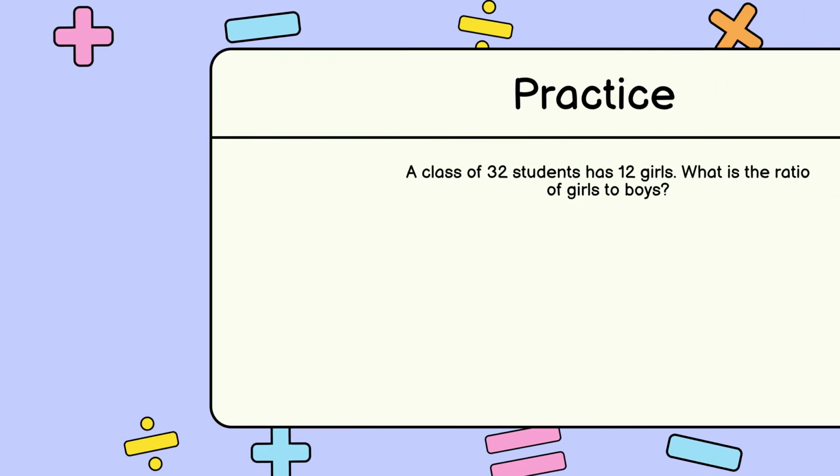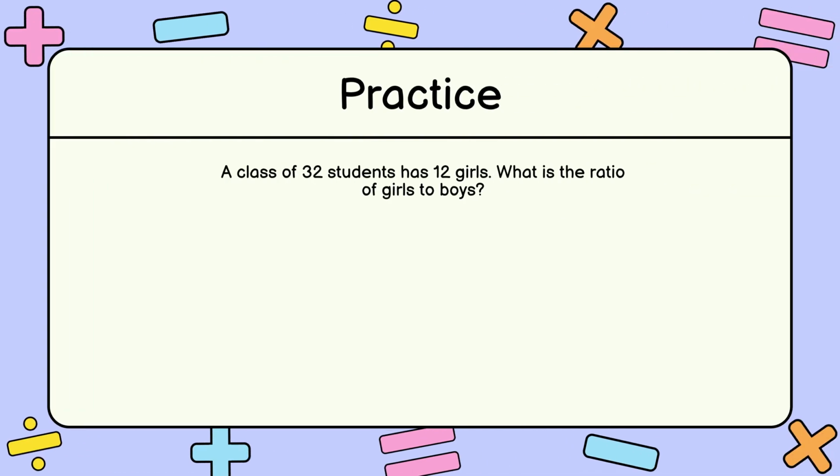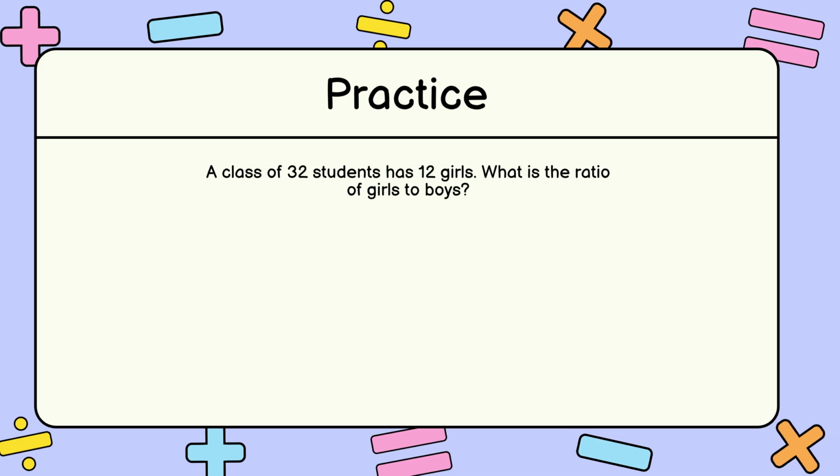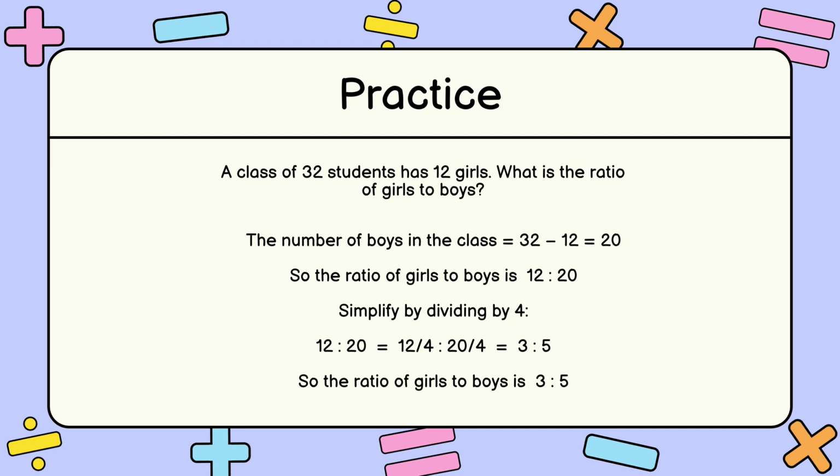Let's do a practice problem now. Take some time and see if you can solve this problem. So, here we need to find the ratio of girls to boys. The number of boys is 20. We get 20 by subtracting 12 girls from 32 students.